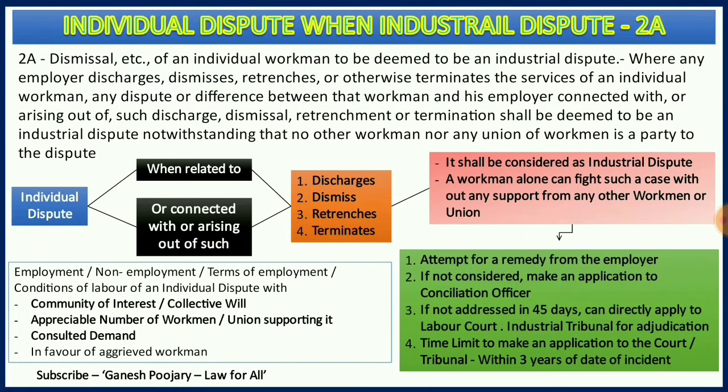Now, if it is related to employment, non-employment, terms of employment and conditions of labor, though it is an individual dispute, if there is substantial community of interest or collective will, that means a lot of workers are supporting or the union is supporting, and if it is supported by an appreciable number of workmen, there is no such number which is considered as appreciable number of workmen.